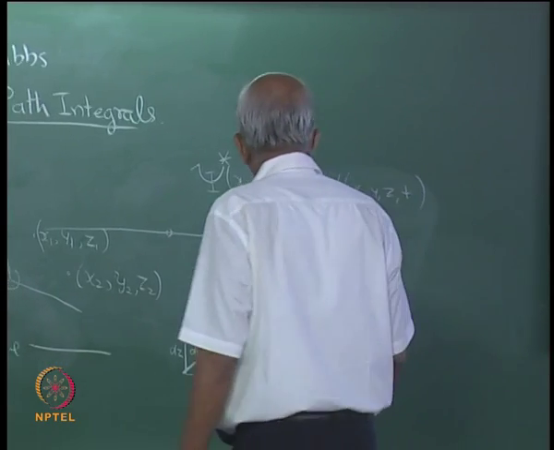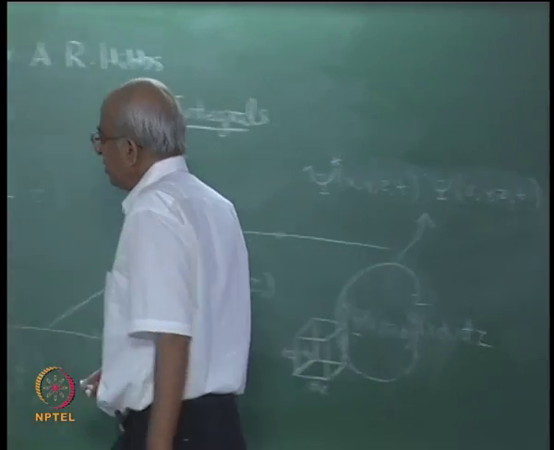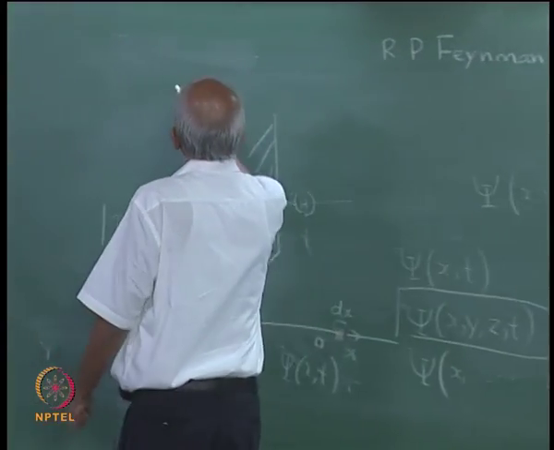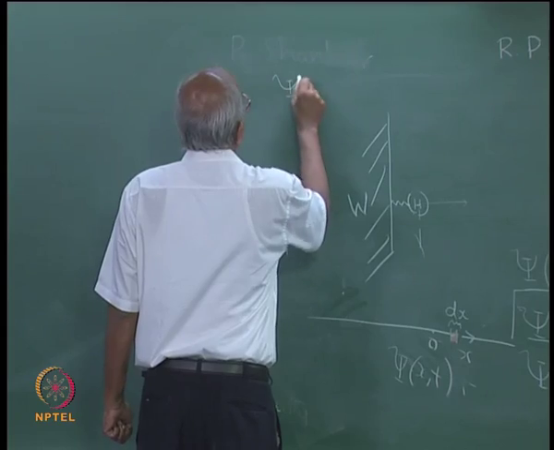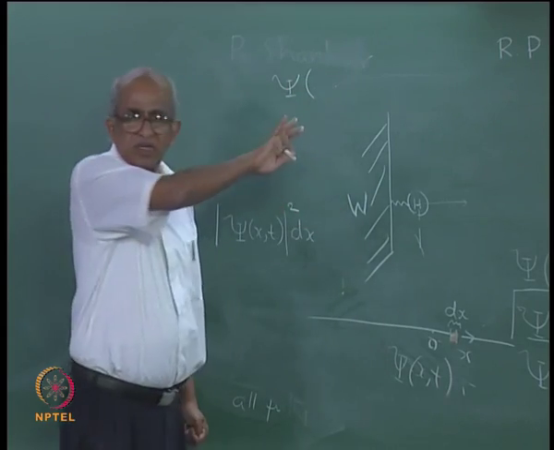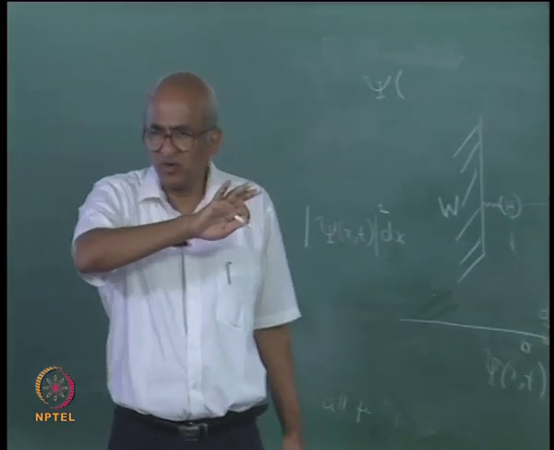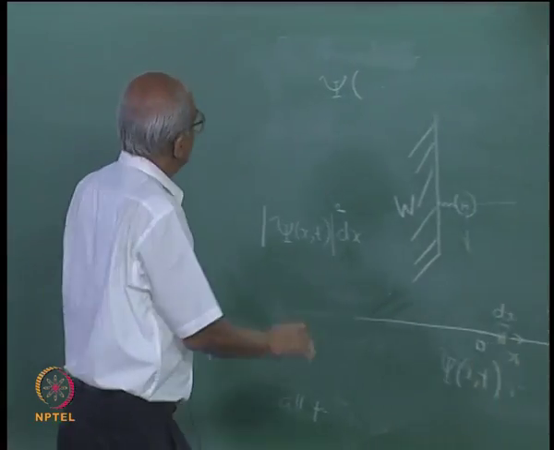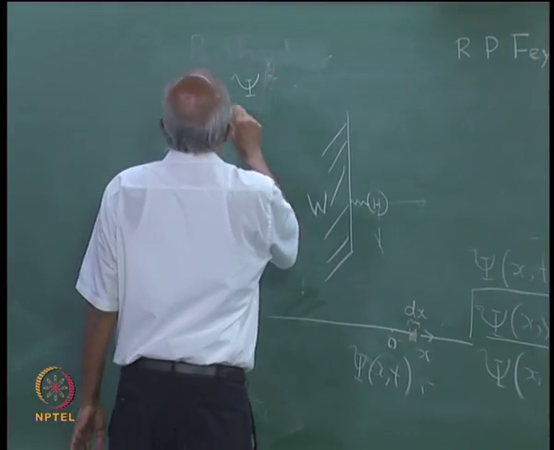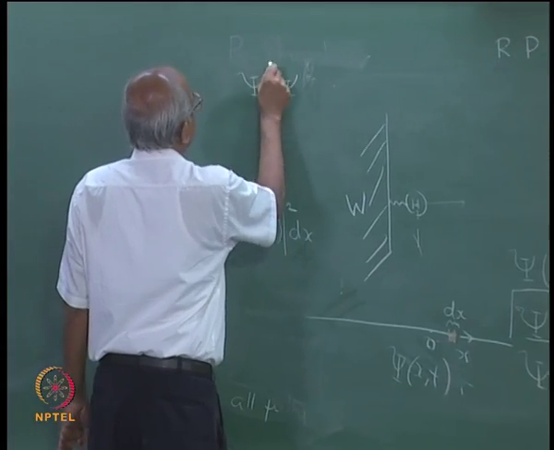And what is usually done is, your psi may depend upon several variables depending upon what your problem is. So, you do not normally write all the variables. You just write psi, then multiply it by psi star.